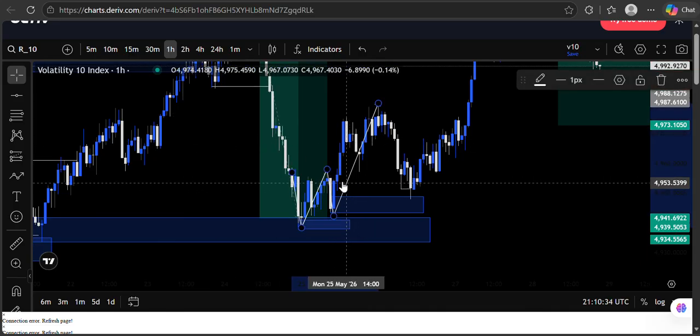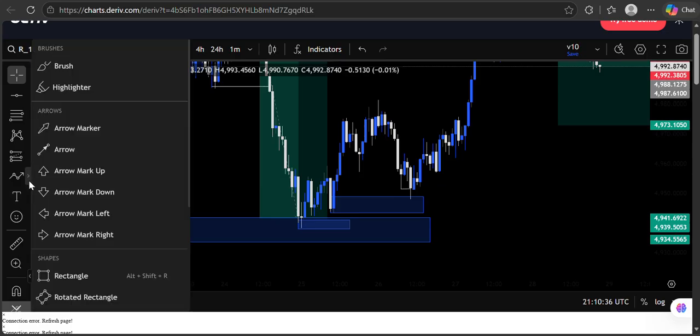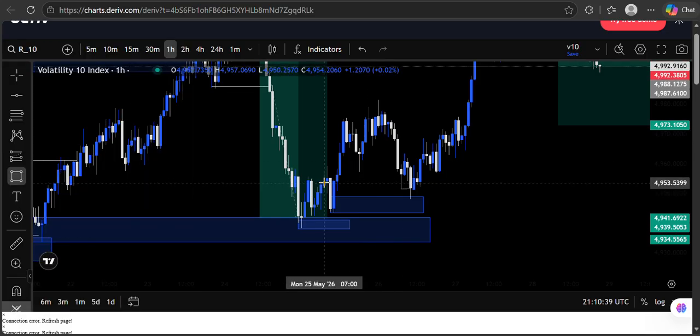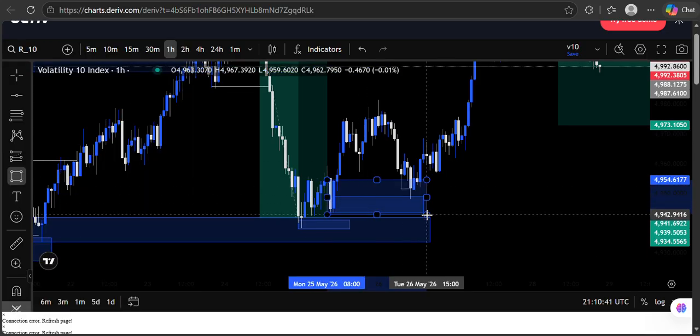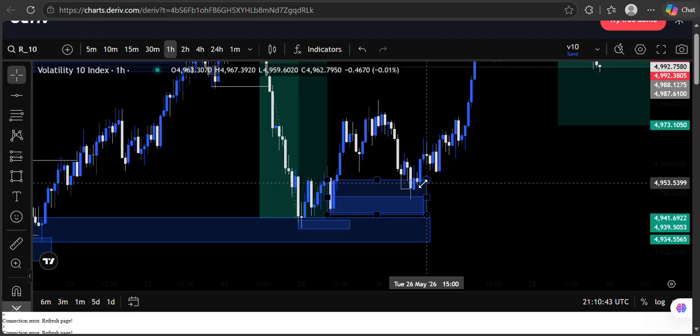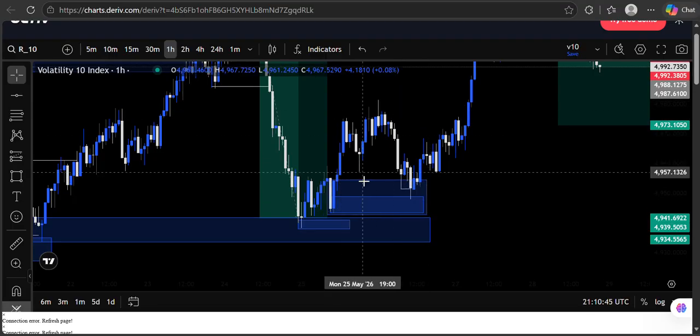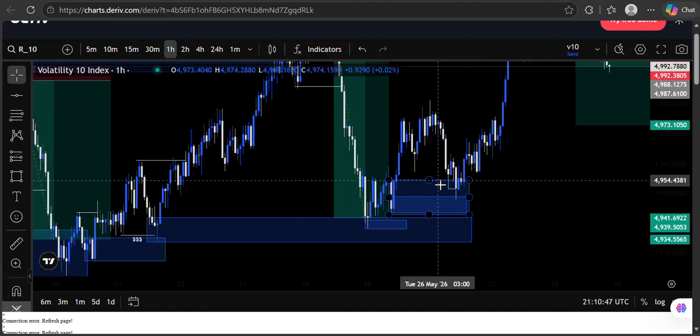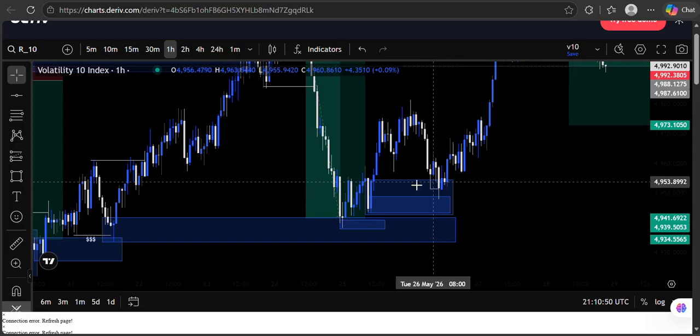If I take this out, we discover that in this 1 hour there's this other block that lies here. You getting? This is the other block. We waited for price to tap in here for us to sell.